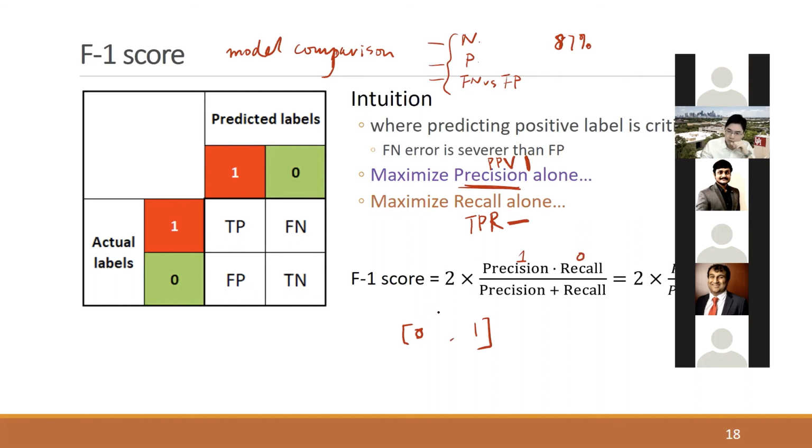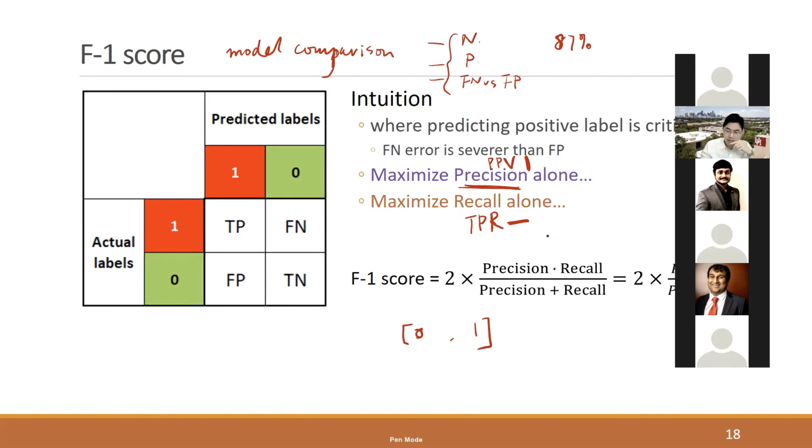That's the worst case. And the other way goes the same. If the model increases recall by cheating, it will have a 0 precision. F1 score is still 0.